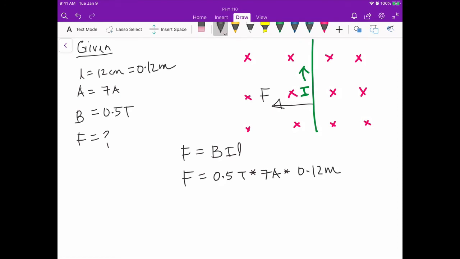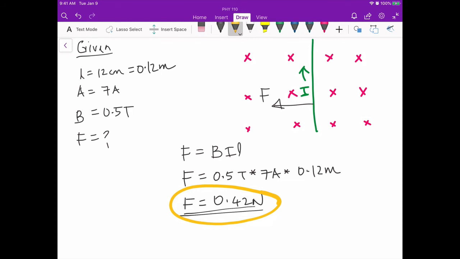You can do unit analysis, as I mentioned earlier. Tesla means Newton per meter per ampere, right? So if you multiply everything here, always make sure that you have your calculator handy. Then it's going to be easy. 0.5 times 7 times 0.12 equals 0.42 Newton. Everything is in SI units, so it's easy. All right.